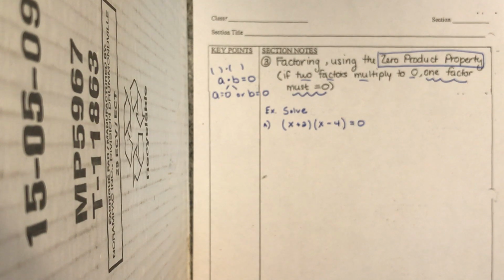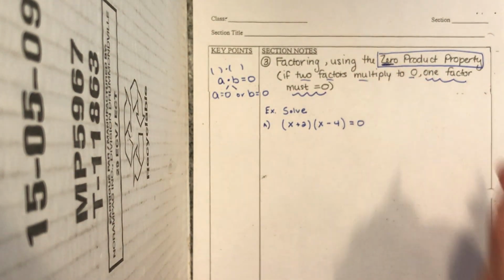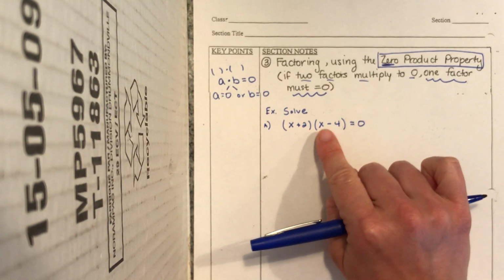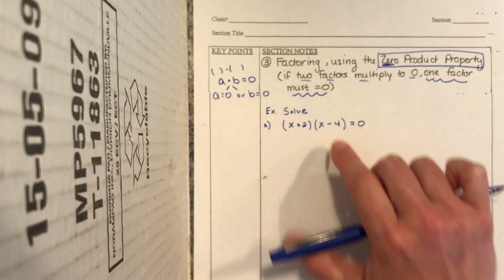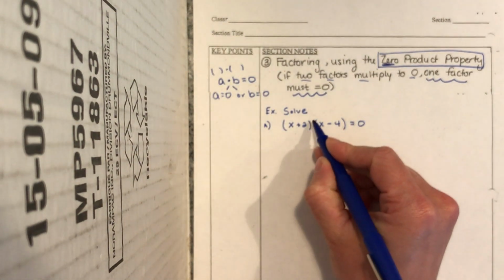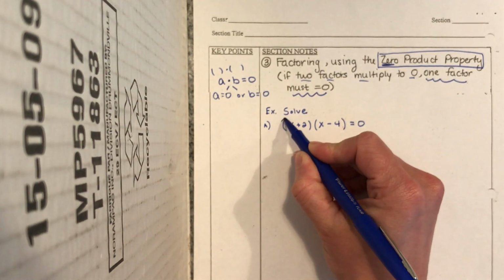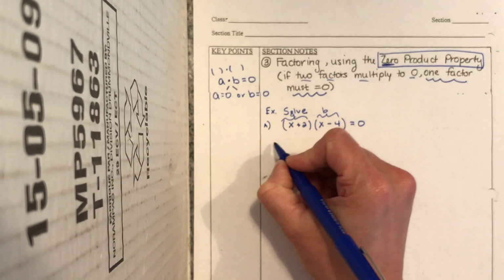This only works if it is equal to 0, hence it's the zero product property. So if I had the quantity of x plus 2 times the quantity of x minus 4, and the answer had to come out to be 0, then either this piece is 0 or this piece has to be 0. So think of this whole thing as a and this whole thing as b. One of them has to equal 0 for this to be true.